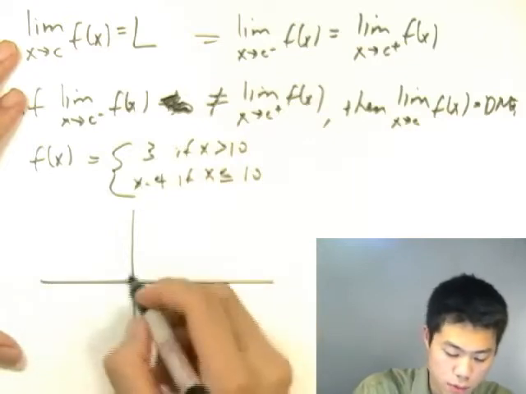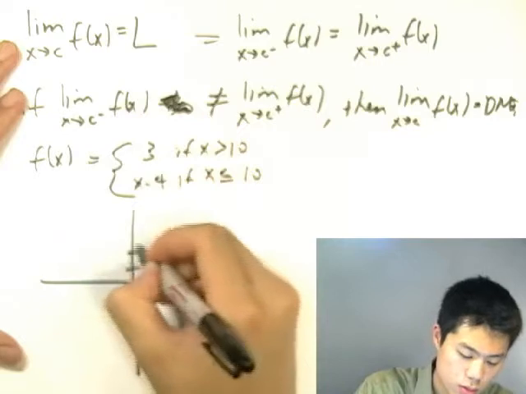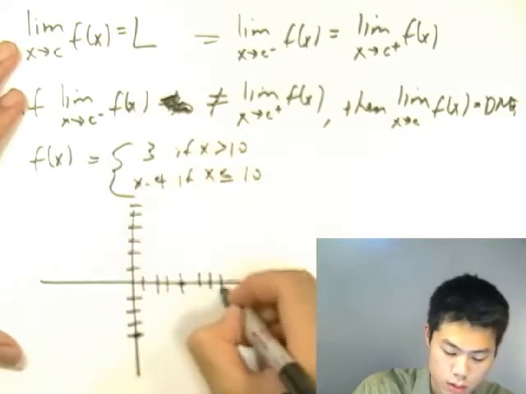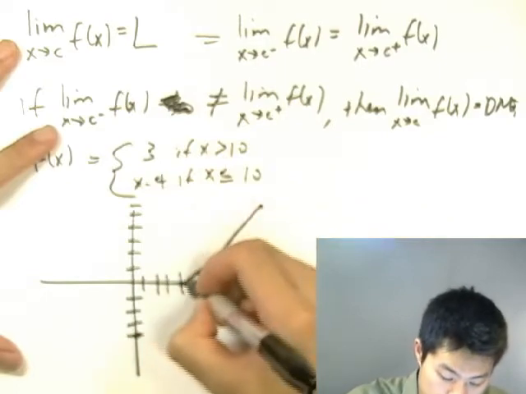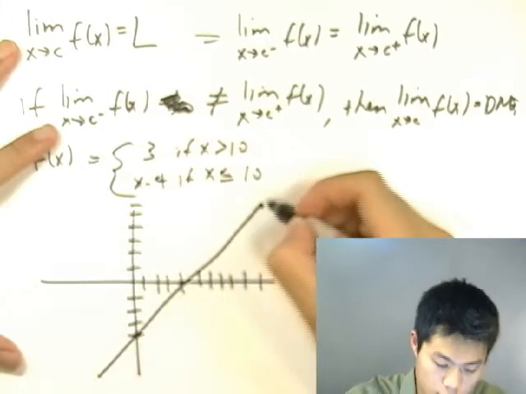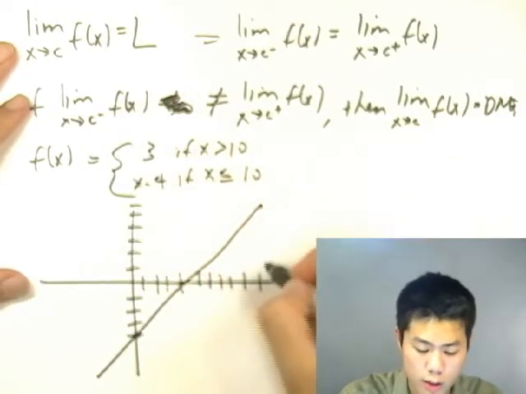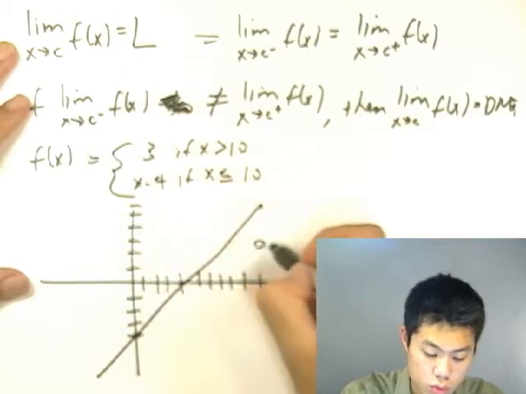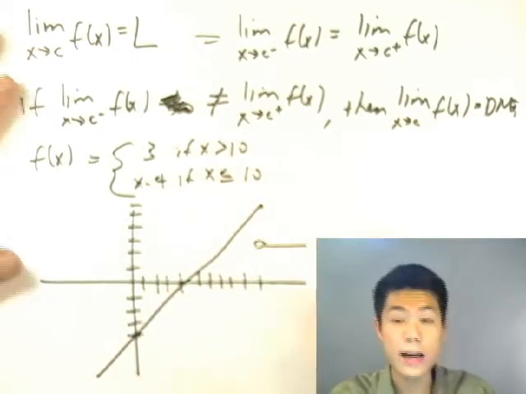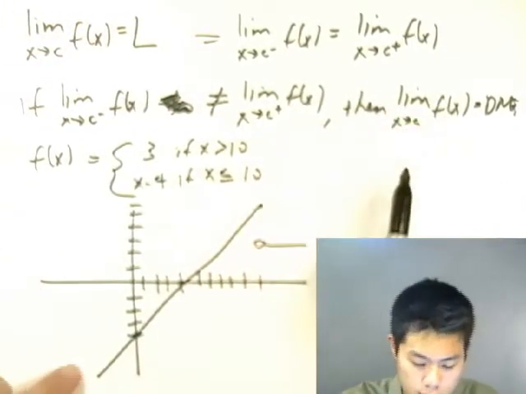You can draw a graph if you want. We get a line, x minus 4, if x is smaller than or equal to 10, and if x is greater than 10, f of x is equal to 3.